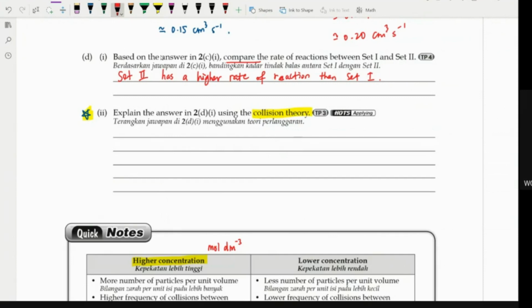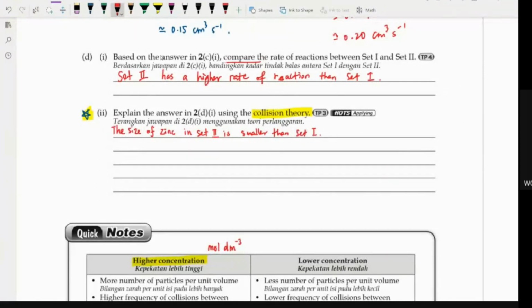Okay, point number 1, the size of zinc in set 2 is smaller than set 1.